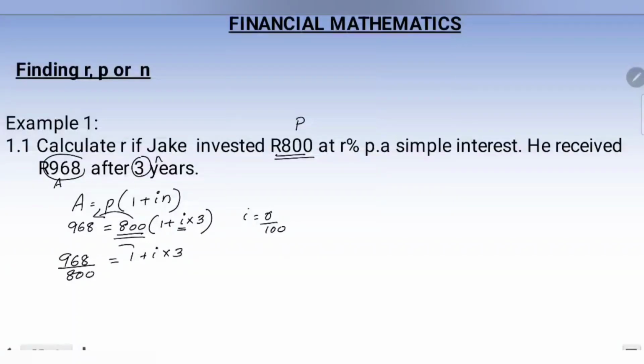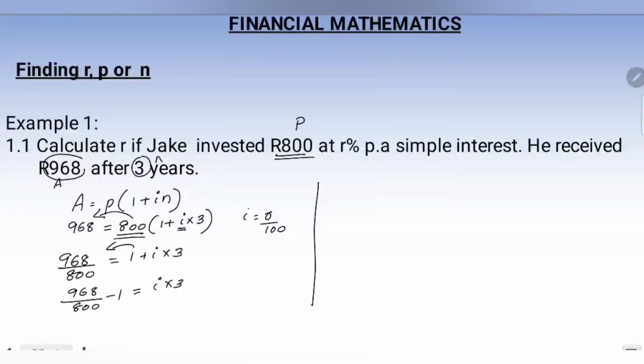Send 1 to the other side. Since 1 is a term here, when you send it to the other side, you have to change the sign. One is positive, on the other side it is going to be negative. So it's going to be 968 over 800 minus 1 is equal to I times 3.